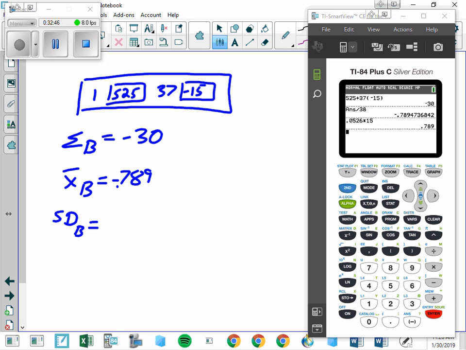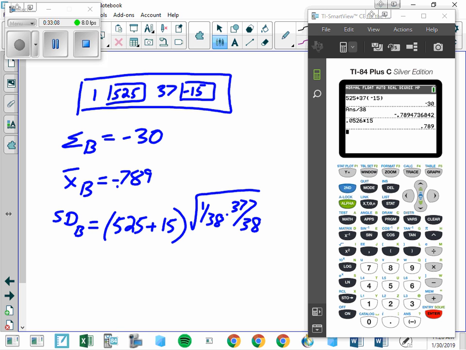I can use the shortcut because there are two types of tickets in the box. There's a 525 and there are -15s. So I do 525 minus negative 15, which is plus 15, times the square root of 1/38 times 37/38.